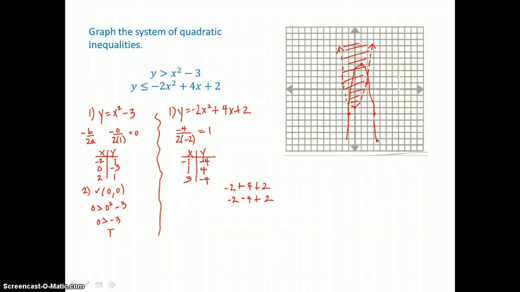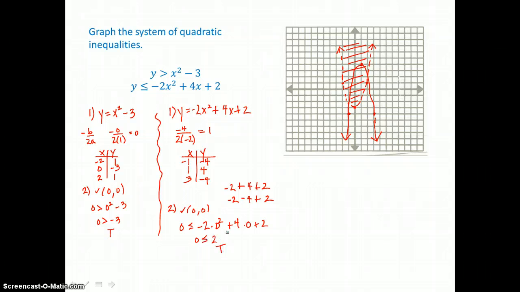And I'll check for shading again using the origin, which is again inside the parabola. And if I put 0 in for y, is that less than or equal to -2 times 0 squared plus 4 times 0 plus 2? And of course 0 is less than or equal to 2.